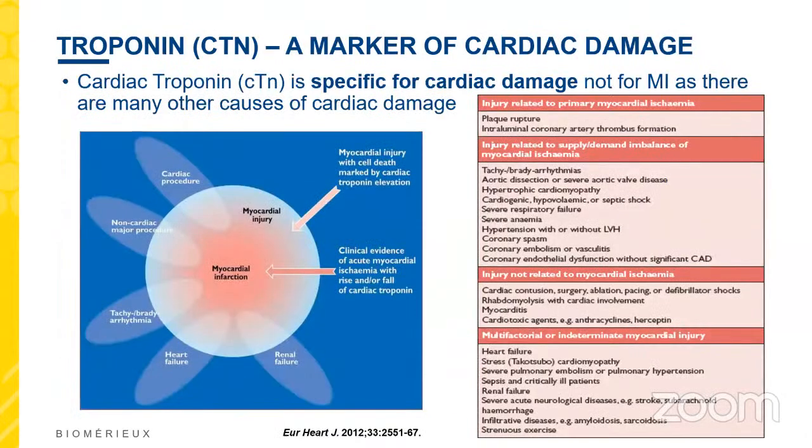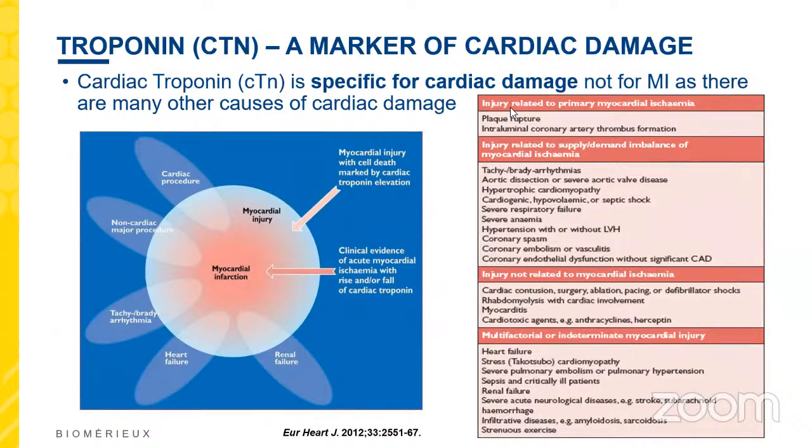So troponin, or cardiac troponin cTn, it's a marker of cardiac damage or cardiac injury, and it is specific for that. Now, it is not specific for myocardial infarction. It doesn't mean troponin equals heart attack, but troponin elevation means there's something happening to the heart, there's damage happening to the heart, okay?